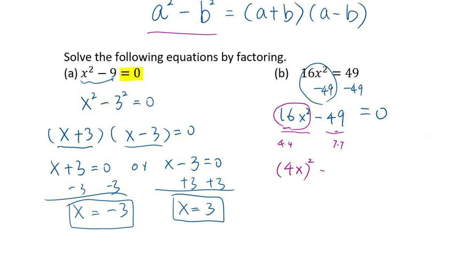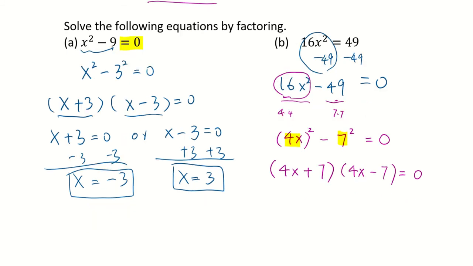And 49 could be seen as 7 squared. So the left side is in the form of a squared minus b squared. Your a is 4x, your b is 7. That means you can factor it using the difference of squares formula. Well, a squared minus b squared is equal to a plus b times a minus b.